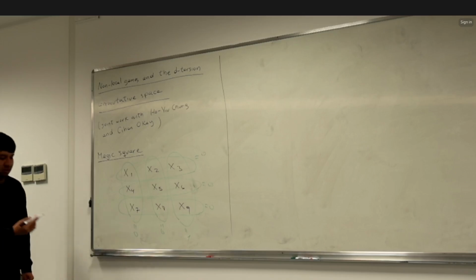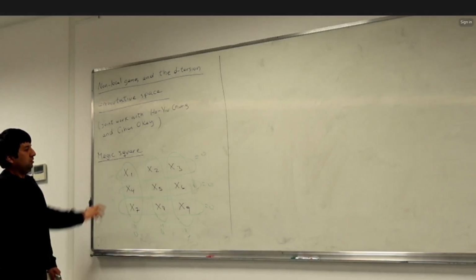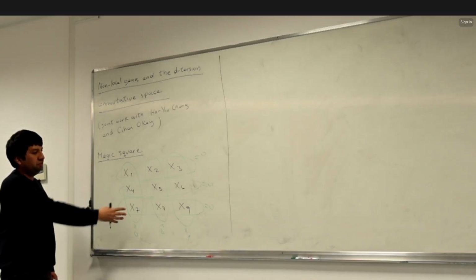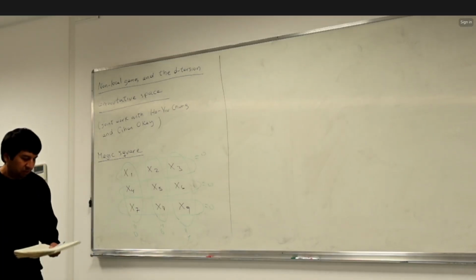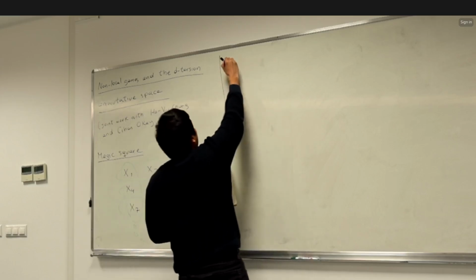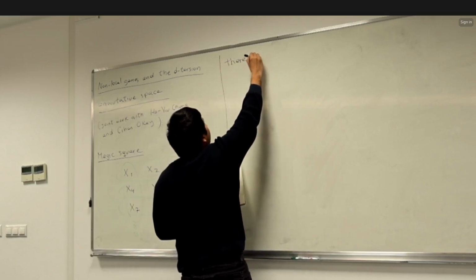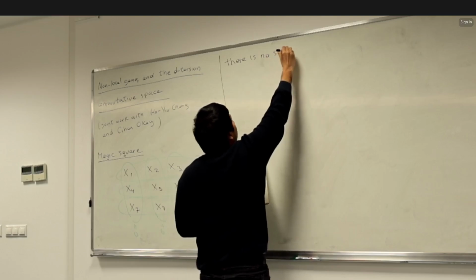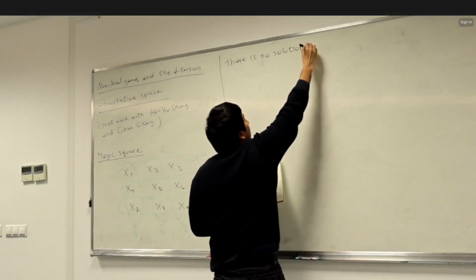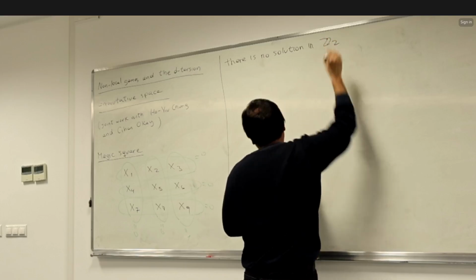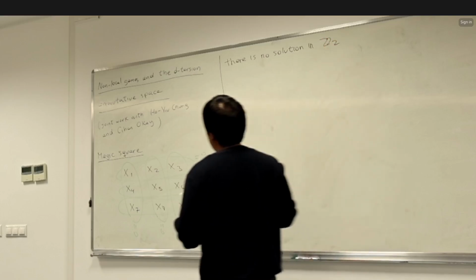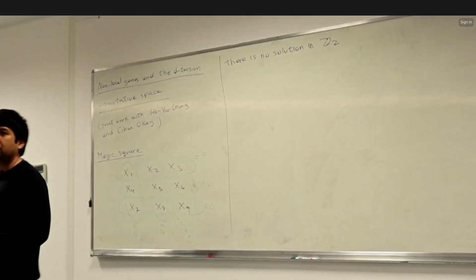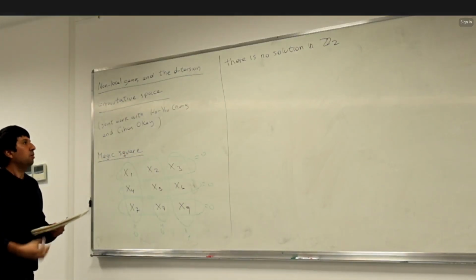If we want this linear system to satisfy this condition, the problem is that there is no solution in set mod 2. Maybe it also helps to write down what the linear system is.